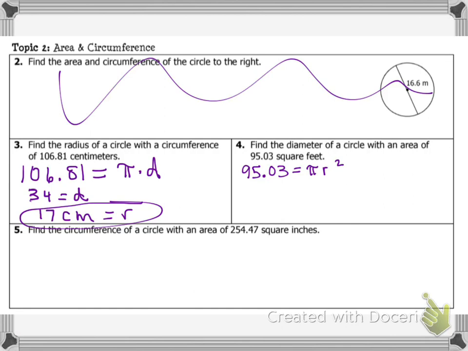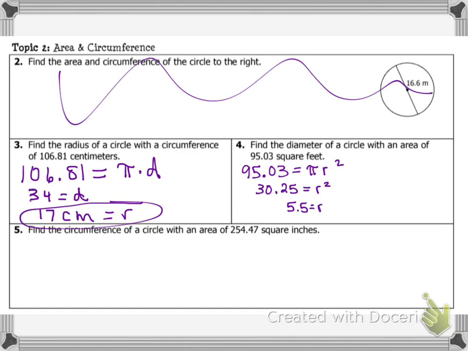Divided by pi. We got 30.25 is equal to r squared, because I divided both sides by pi there. And then let's take the square root of that, and we get 5.5. 5.5 is equal to my radius.